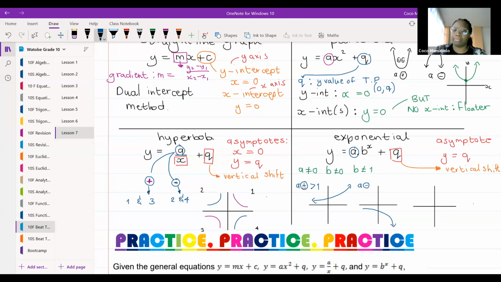And now I'm not going to talk about a anymore, I'm going to talk about b. If b lies in between 0 and 1, then my graph will look like this. That's what will happen to my graph. It will be increasing, it will just be going in the other direction.